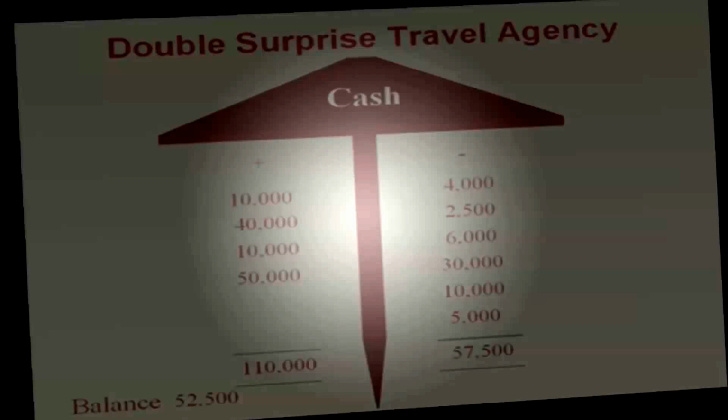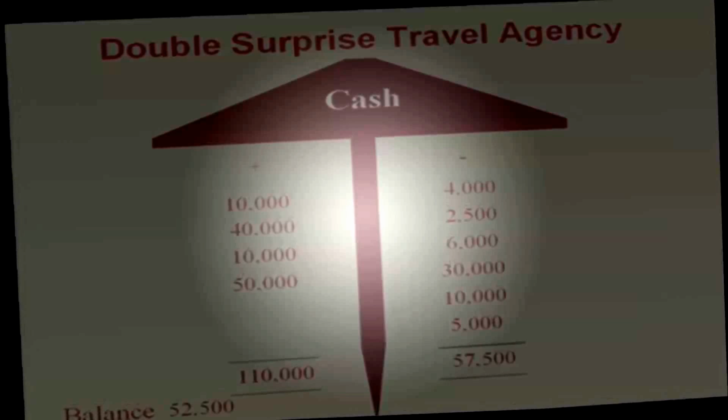The minus column comes to 57,500. So the company received $110,000. They paid 57,500. Which is heavier? Is it the left or the right? They got more money than they paid, so the left is heavier by the difference, which is 52,500. So you'd say balance 52,500 and show it on the left.